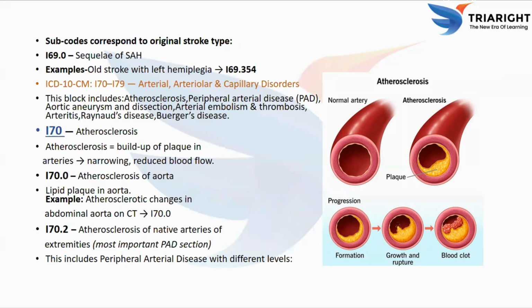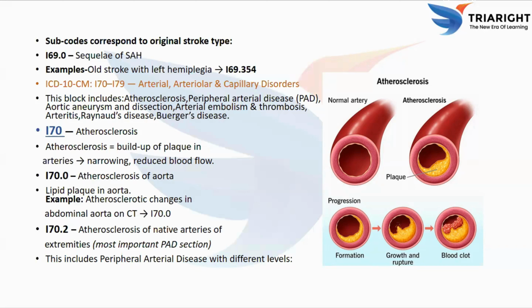If the original stroke was ischemic, you select the matching I69 subcode. What is the example? For an old stroke with left hemiplegia, you assign the code I69.354. Here I69.35X indicates hemiplegia or hemiparesis following cerebral infarction, whereas 4 indicates the left side affected.